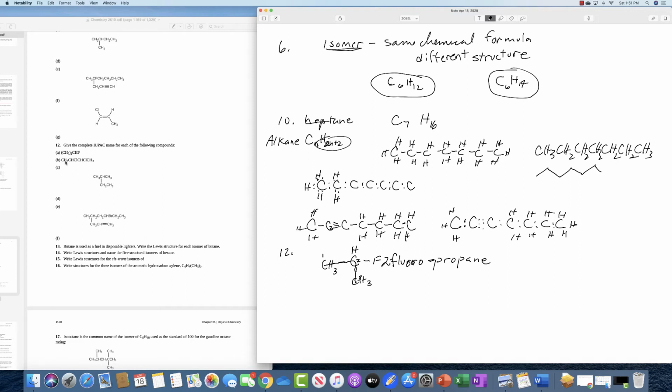Look at this one. This 1, 2, chlorine in there, 3, 4. So let's draw it this way. 1, 2, 3, 4. And then we have on the, looks like the second carbon and the third carbon, we have a chlorine. So on the second carbon and the third carbon, we have a chlorine.